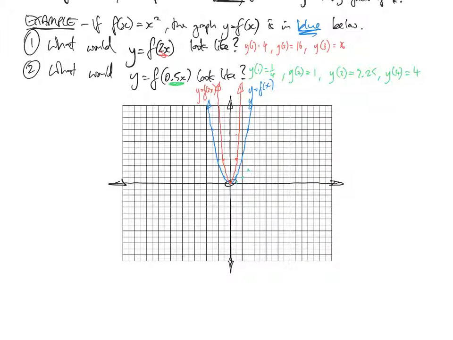When x is equal to 4, y is going to be 4. Let's do another one. 5. Half of 5, 2.5. 2.5 times 2.5, 6 and a quarter. So at 5 it's going to be there. So I've got some points now that I can use to draw my graph.